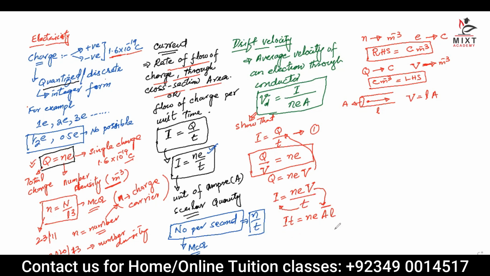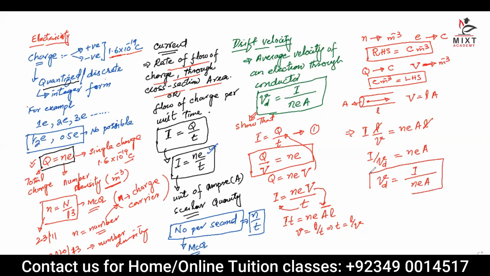Now we know that velocity is equal to distance divided by time, which is L by t, and time is equal to length by V. So put it here, I get I L by V is equal to NEAL. So L will cancel out and you get I by V drift velocity is equal to NEA. Or you can write drift velocity is equal to I divided by NEA. So this is the proof.